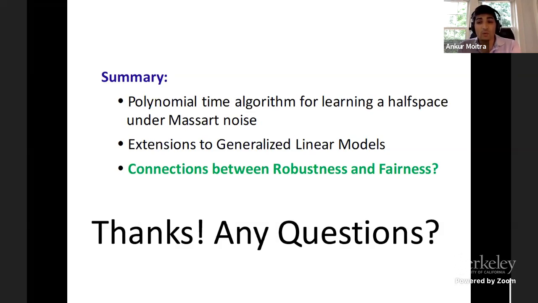Some of the really important work here is the Klivans-Sherstov paper that showed hardness, I think, in a distribution-independent way. A particular distribution that comes out of crypto, but they showed hardness of improperly learning intersections of half spaces, for example. There it was really based on the idea that if you could solve the learning problem, regardless of what hypothesis you output, because it's improper, you would then be able to break various lattice-based crypto schemes.